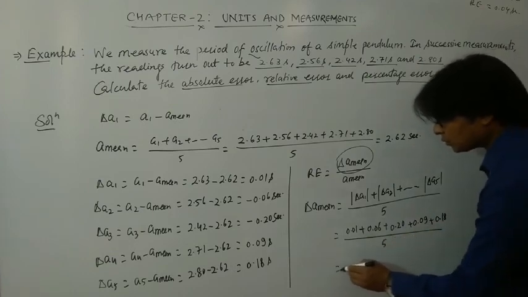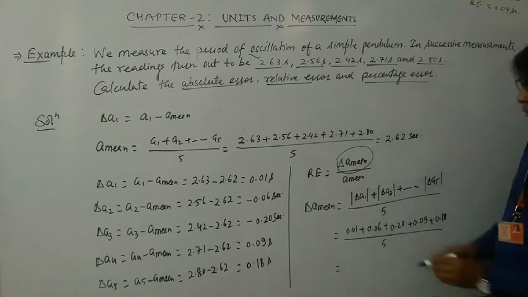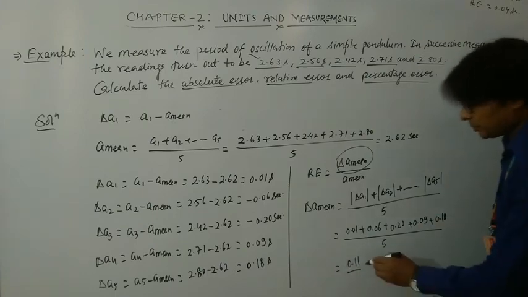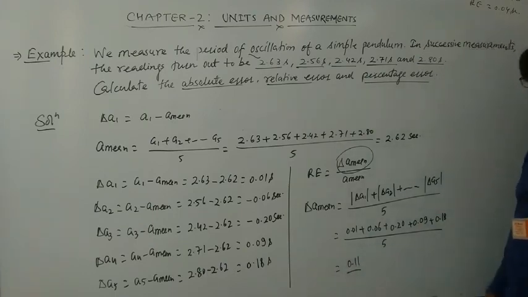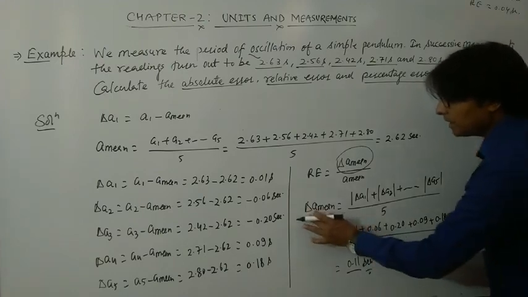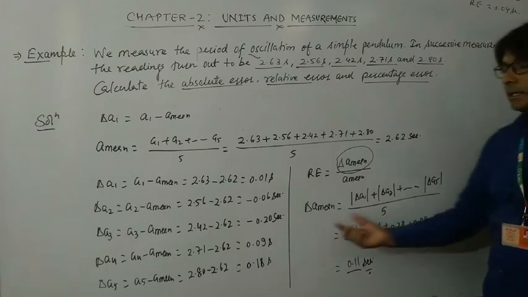When you solve this, the value comes out to be 0.11 seconds. So this is the value of the mean absolute error, delta A mean.